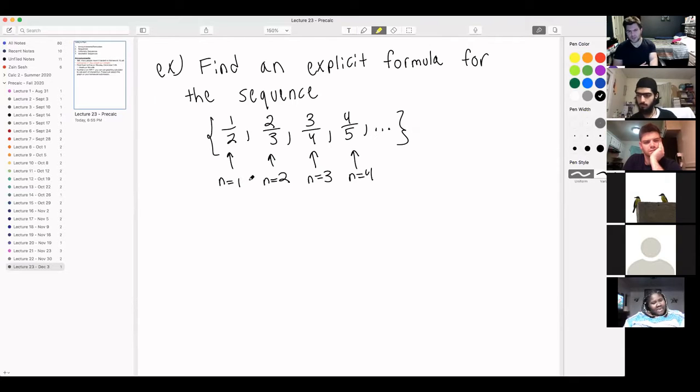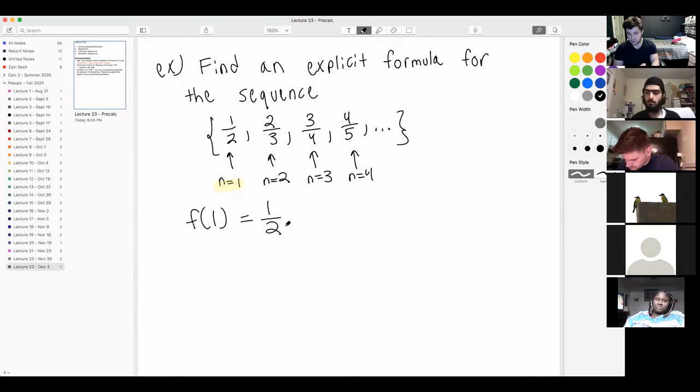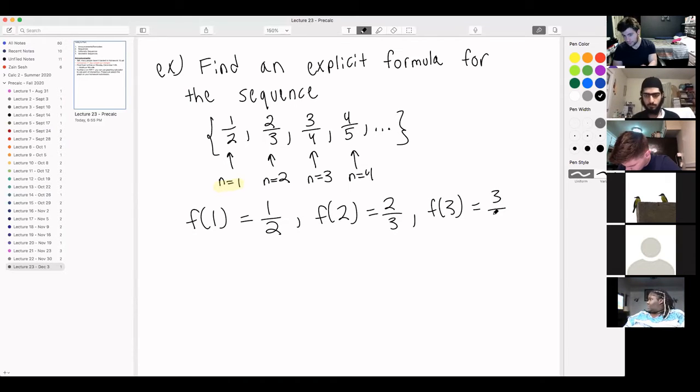So let me explain why. I have n equals 1, and I need a function such that when I plug in 1, I get 1/2. So I need that f of 1 is 1 over 2. I also need that f of 2 is 2 over 3, and f of 3 is 3 over 4.